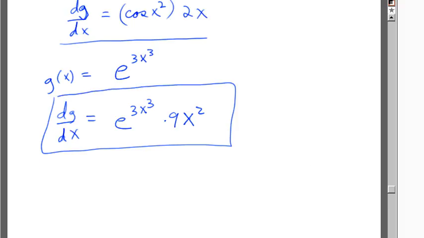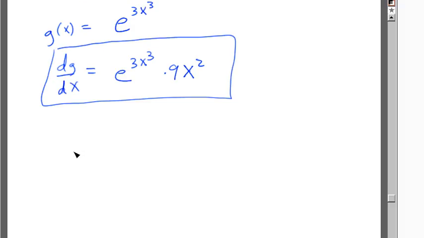For another example, suppose we've got g of t this time. Let's make it a function of t: g of t is the natural log of the cosine of t.